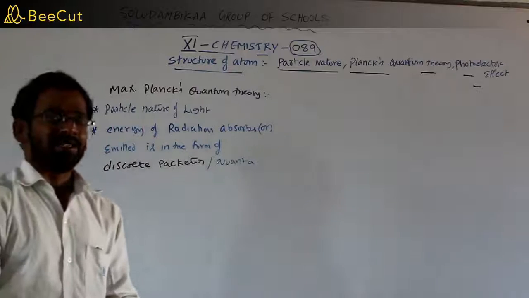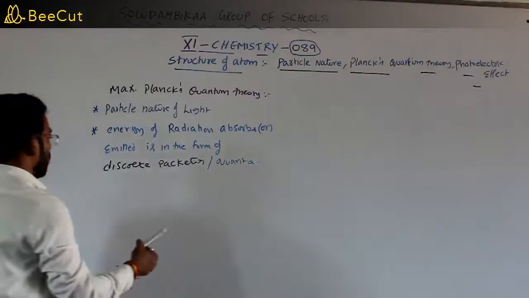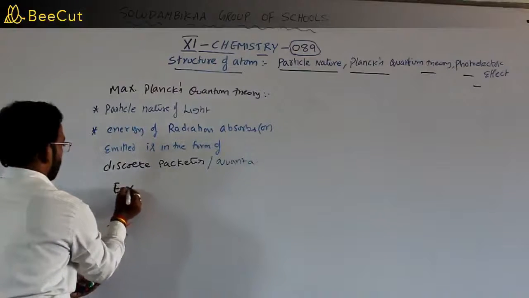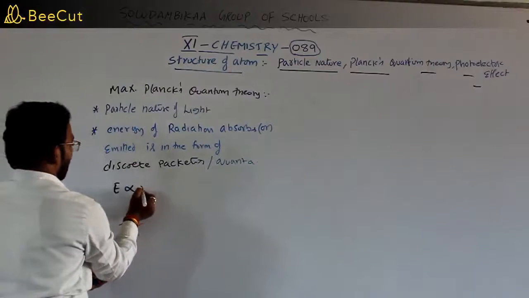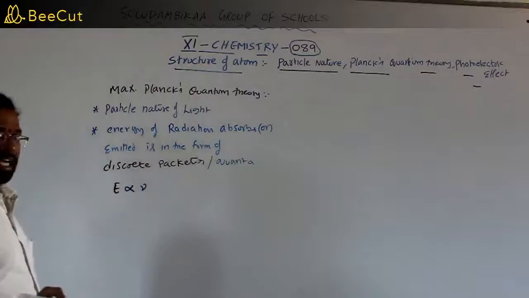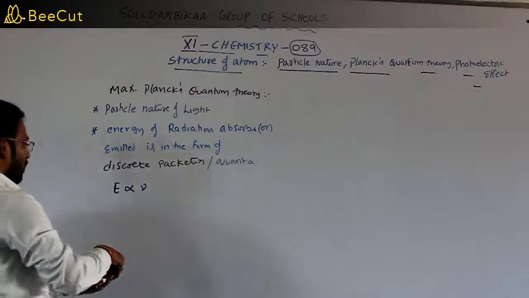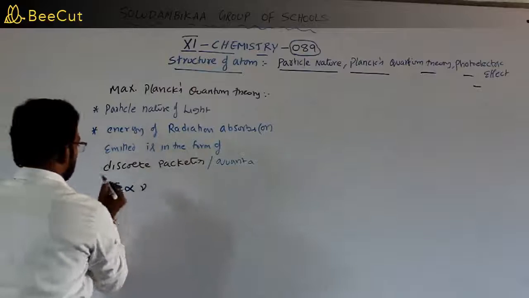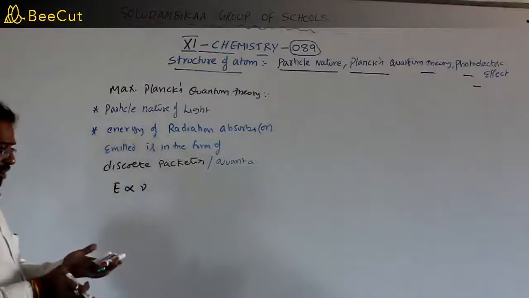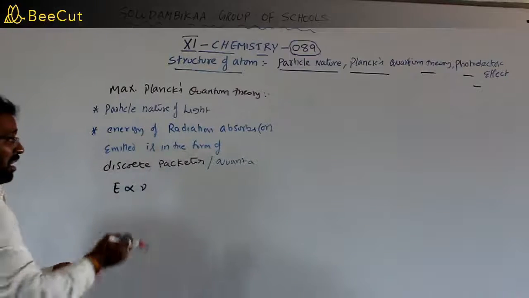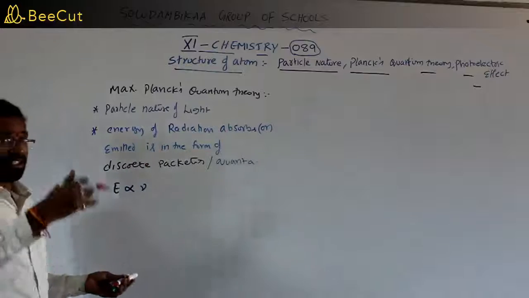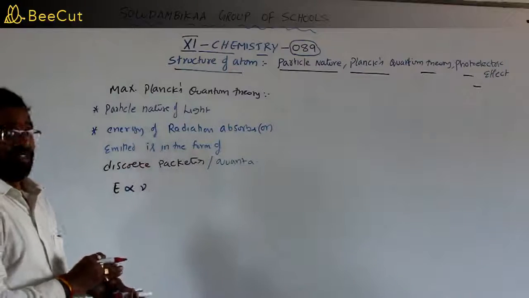So this is his statement we can write. That's why E is directly proportional to the frequency nu. He proposed an expression to calculate the relation between energy of radiation and frequency of radiation. At constant temperature, energy is directly proportional to frequency of radiation.